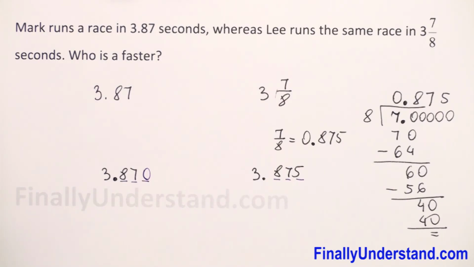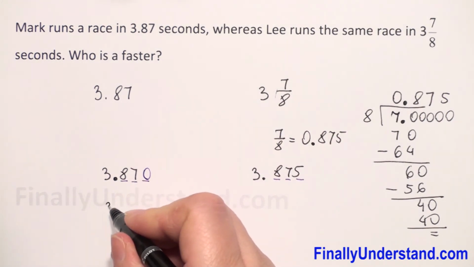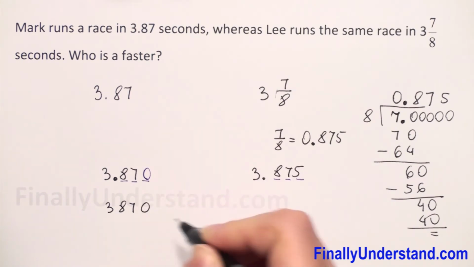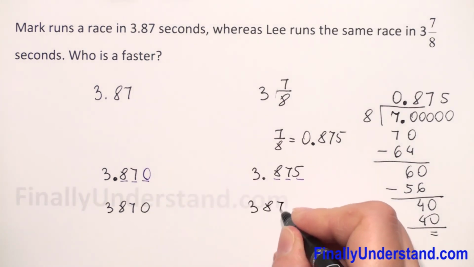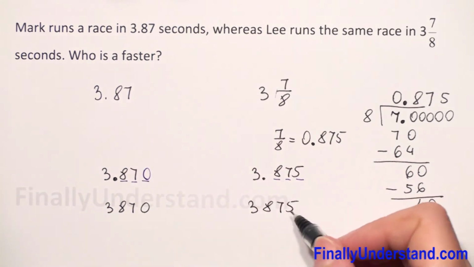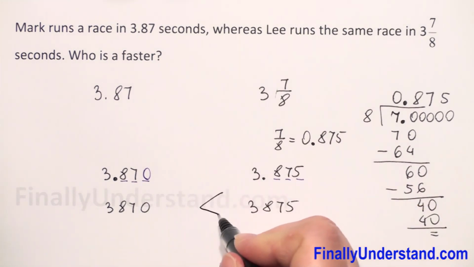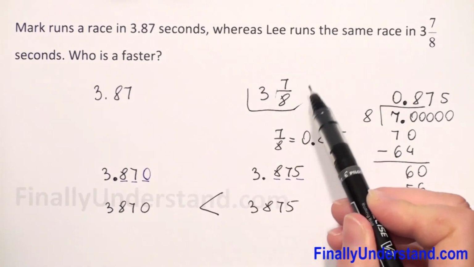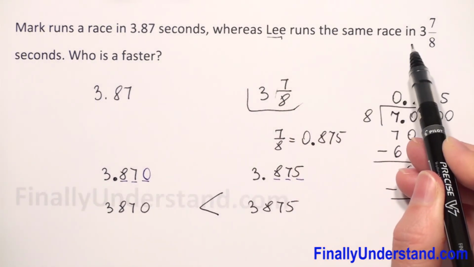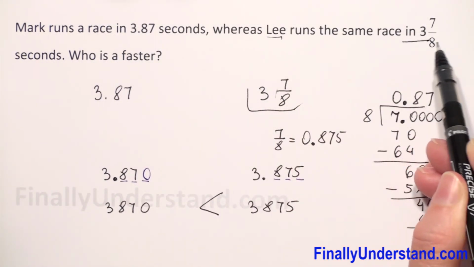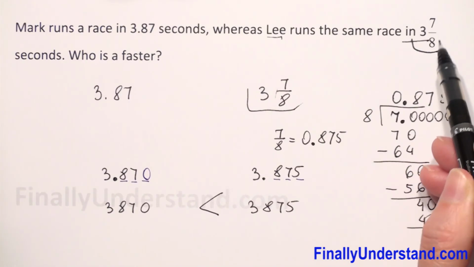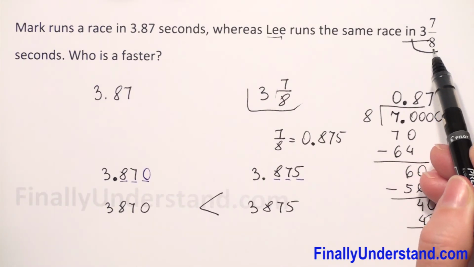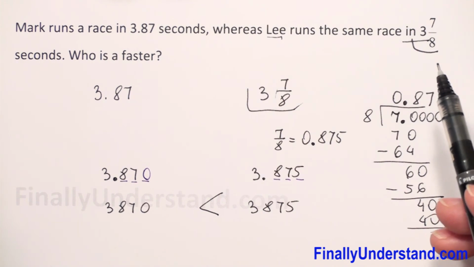We have to forget about the decimal point for a while. So we have 3870 and we have 3875. Which number is greater? Of course, 3875. So it means that Lee is faster because he runs the race in 3 and 7/8 seconds.